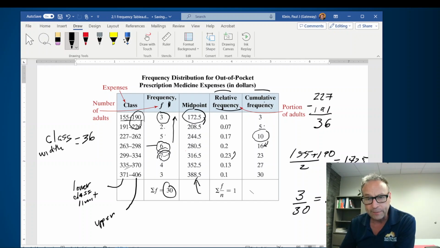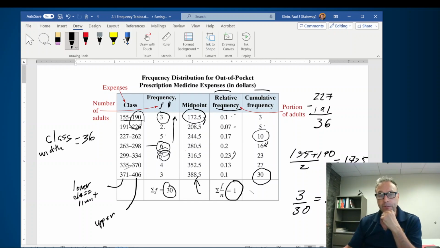If you look at this last column, this number is going to be the sample size. See how these two add up? Because you've added up all of the counts of all the data, and that's what you're always going to get in the last class. And if you add up the relative frequencies, I've got 10% here, 7% here, and so on, you're going to get 1, or 100% of the data.